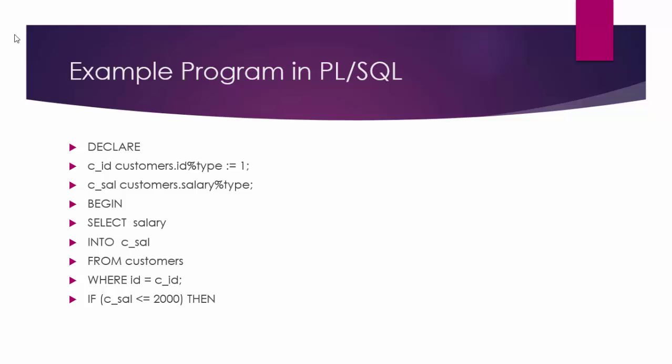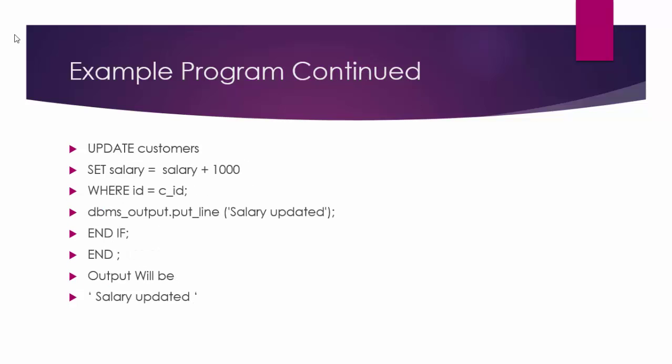so for example, if you get salary as 10,000, then that 10,000 is stored into c_sal, and that is why we declared its data type as customers.salary%TYPE. Now you might relate it well. If c_salary is less than or equal to 2,000, then update customers set salary equals salary plus 1,000 where id equals c_id.